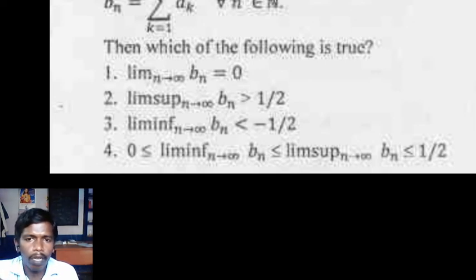So here we have two different subsequential limits, therefore the sequence b_n does not converge. Therefore the first option is wrong, because if it converges, then we can check the value, but here the sequence b_n does not converge.